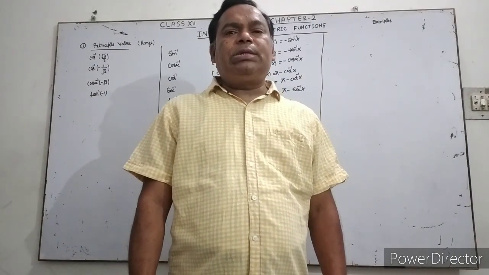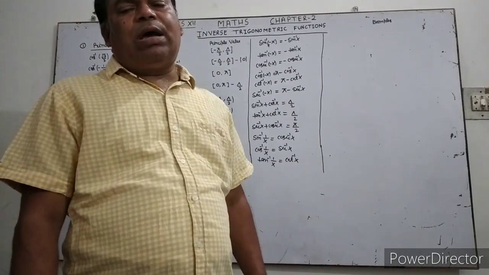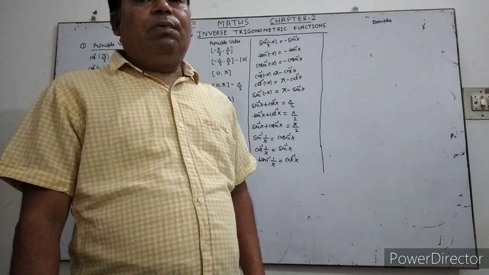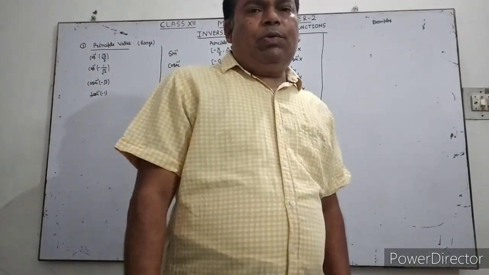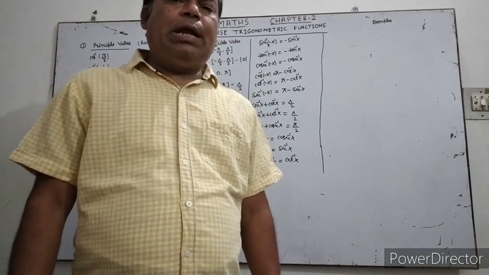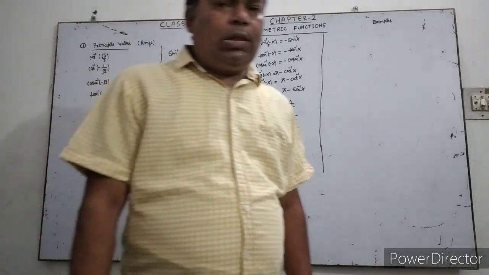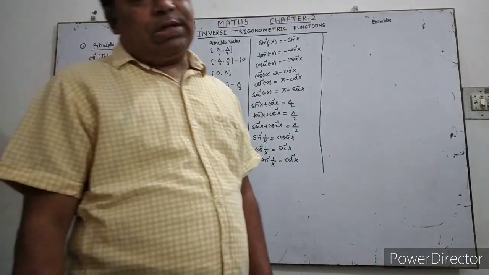Now we discuss what is the range of the inverse function. You know any function that satisfies the criteria of one-one and onto is an inverse function. Then we discuss the range of the inverse function.